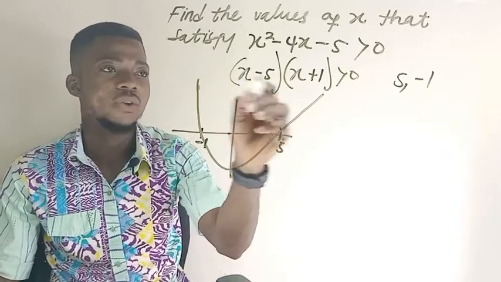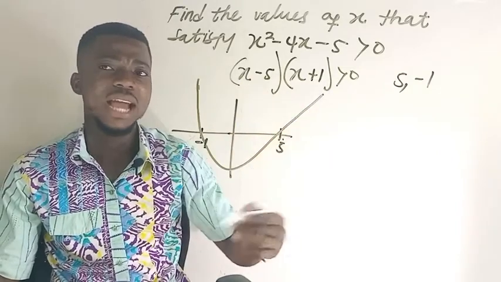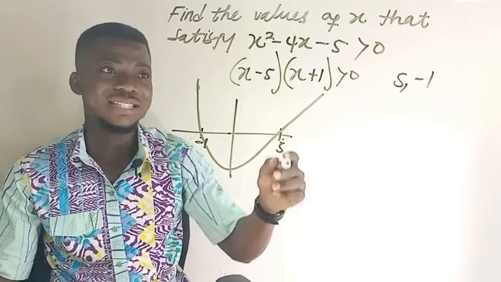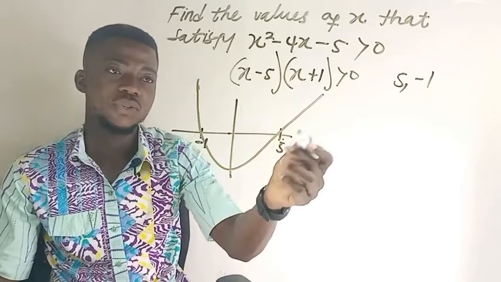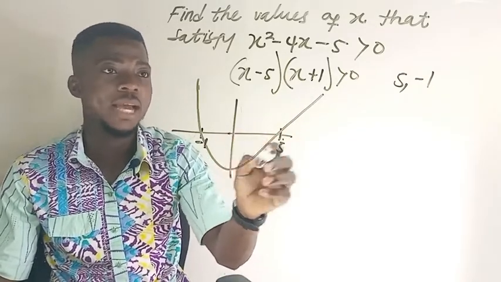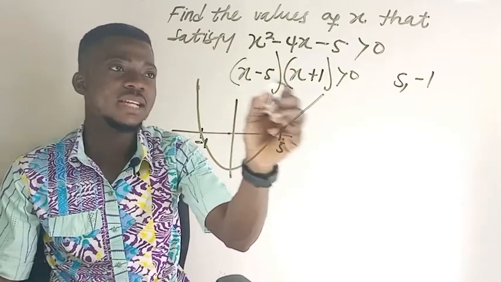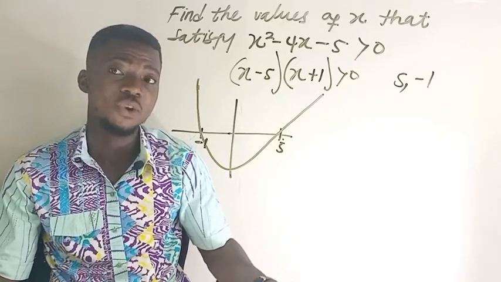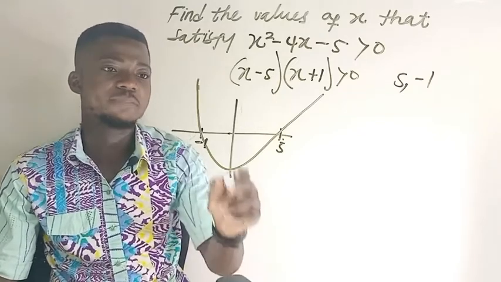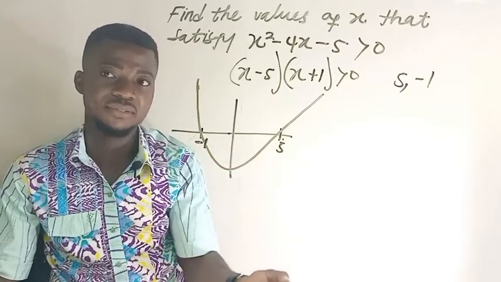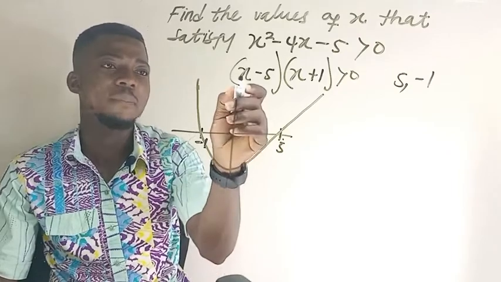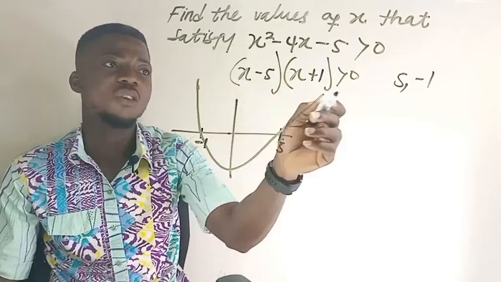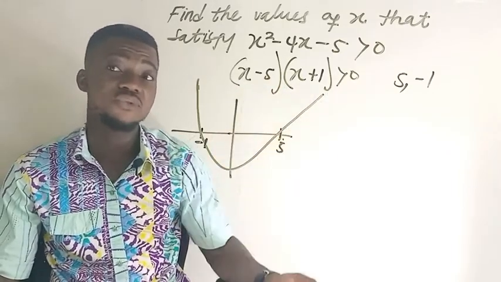Put it here, solve it and see if the answer you get will make the statement true or false. So let's pick any value here. Let's pick 0. We're going to put 0 in place of x and solve it to see if the statement is true or false.